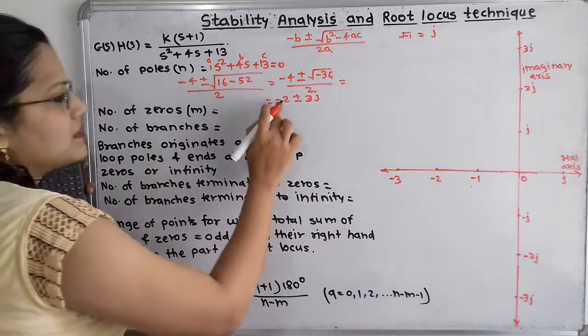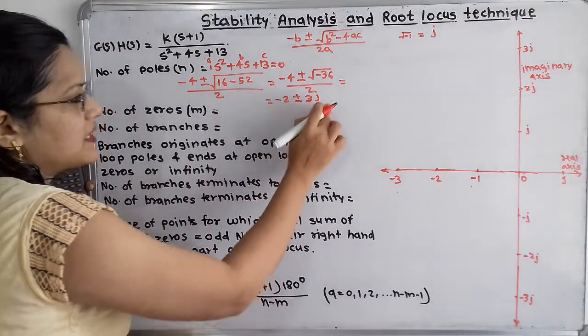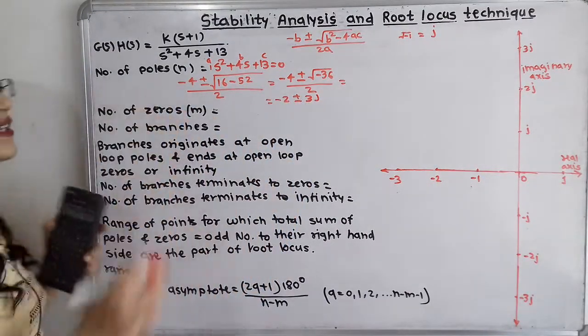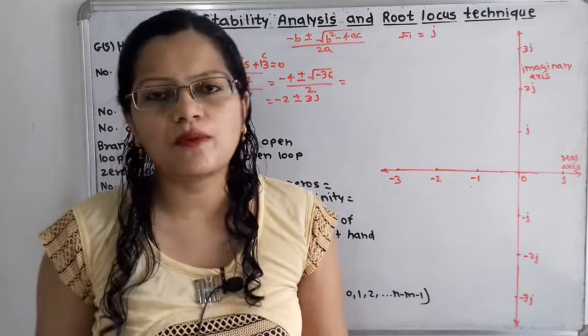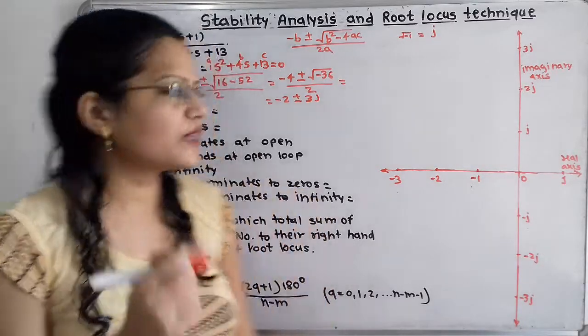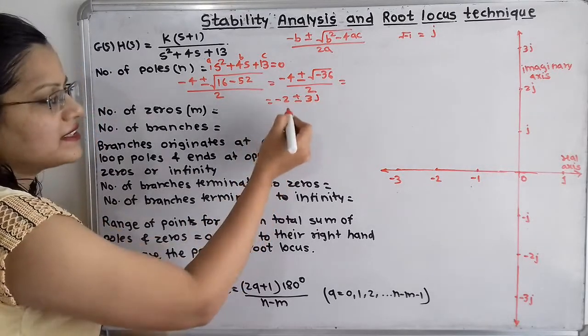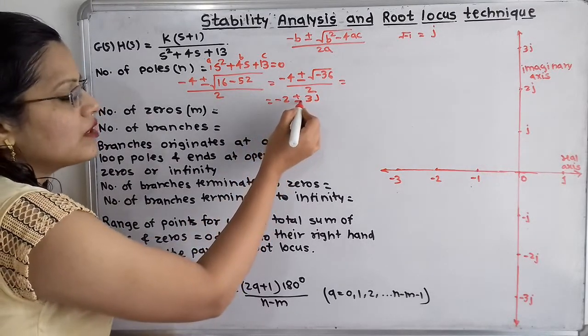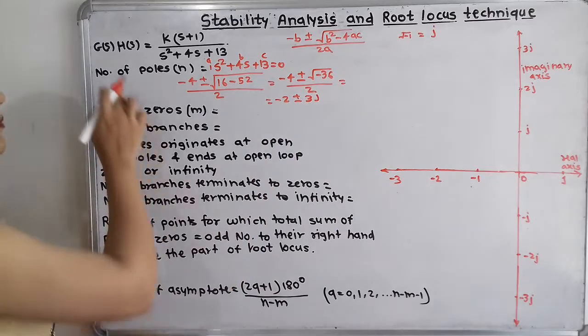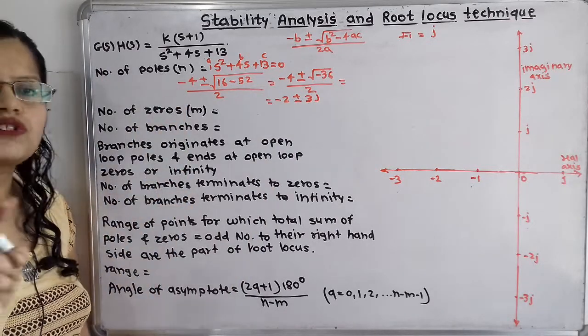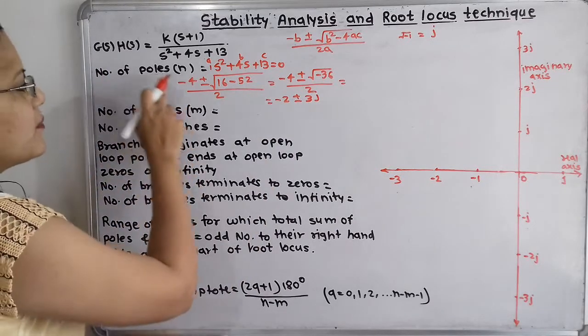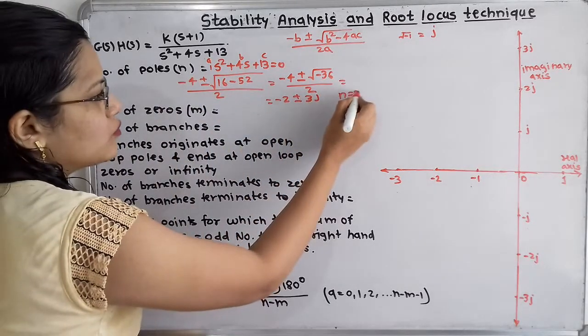So this minus 2 plus minus 3j is the roots for this denominator, and that means one root is minus 2 plus 3j and the second root is minus 2 minus 3j. That means two roots are there, and that is why number of poles n is equal to 2.